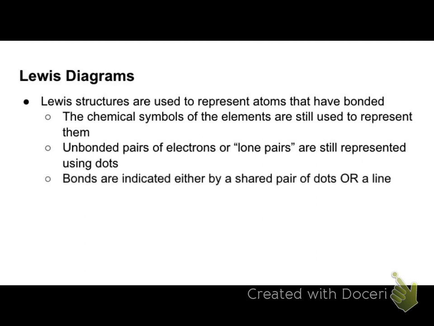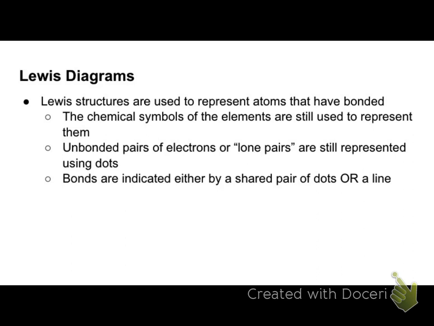If you're representing a bond, or dots shared by atoms, then you're going to draw them between the atoms, or in order to simplify things and not have too many dots on the screen, you can change them into a line.